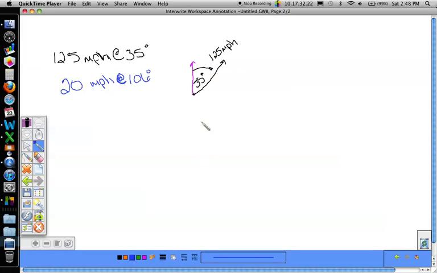We know the blue one is just past 90. We know 90 is directly straight east, so this one goes all the way over to 106 degrees, and 20 miles per hour.